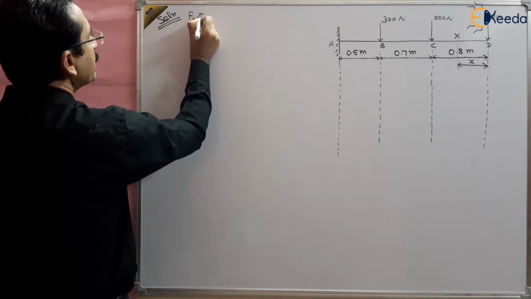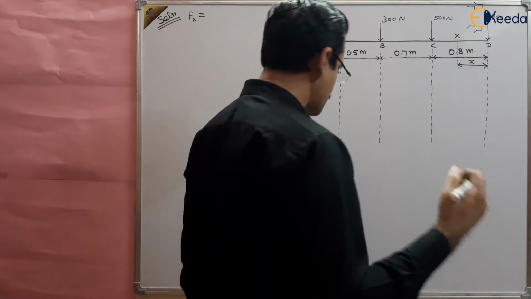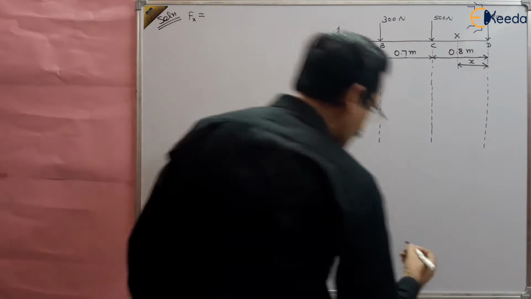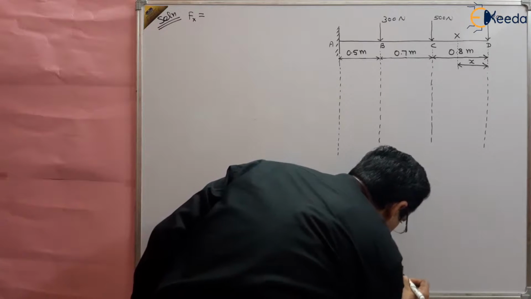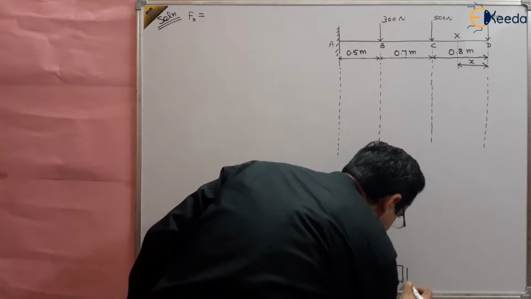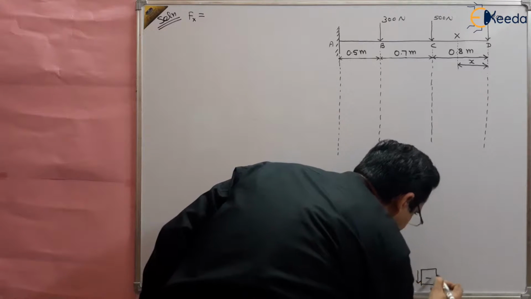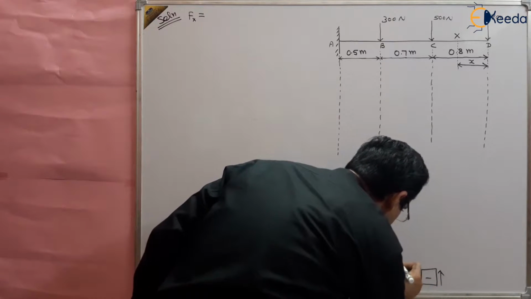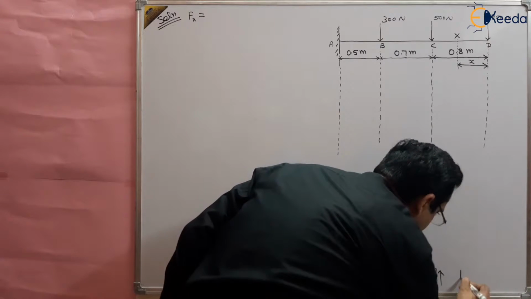Fx will be equal to... and you must remember the sign convention. I can draw the sign convention here: this is positive shear force and this is negative shear force. And what about bending moment?